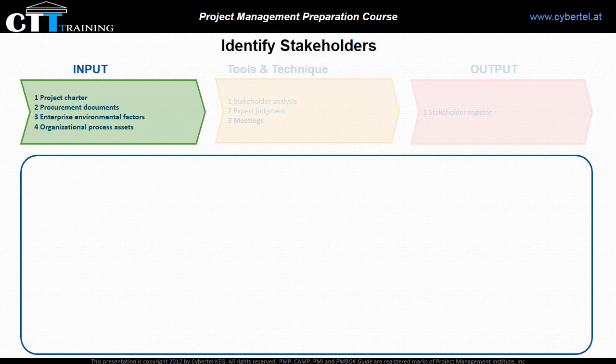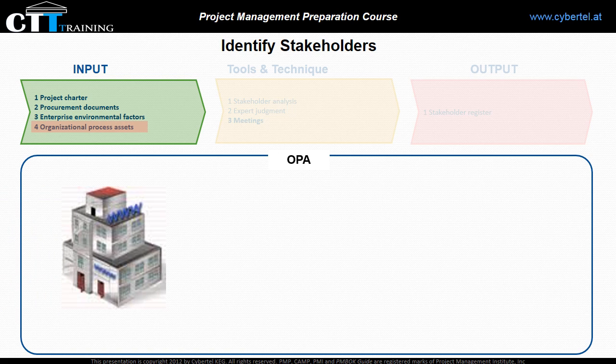The fourth input to this process is the organizational process assets. The organizational process assets that can influence the identify stakeholders process include, but are not limited to, stakeholder register templates. Most organizations have their own standard templates, processes, or documents, which include the stakeholder register templates. But what if the organization doesn't have the standard templates?